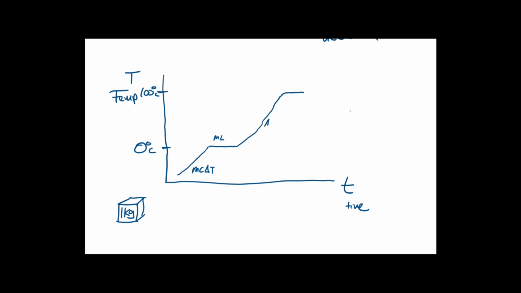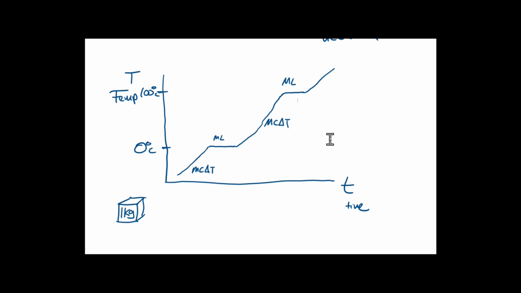So here is MC change in temperature, and here is the latent capacity of vaporization, and then it's going to increase again. It's not going to be a straight line, it's going to be kind of stepped.